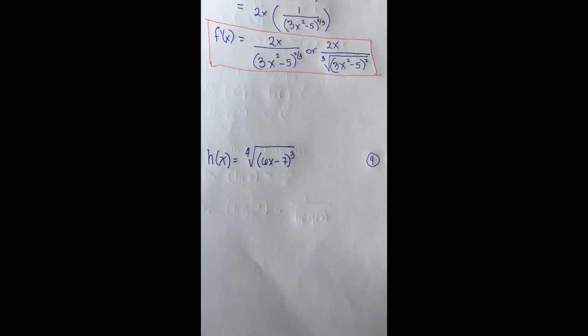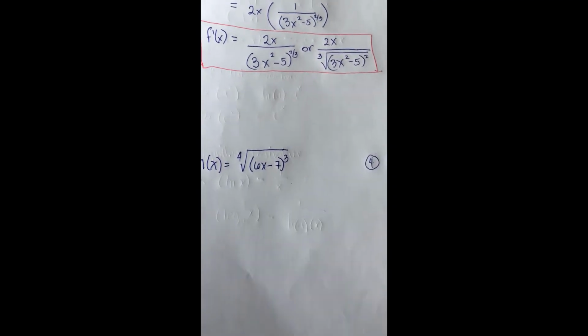Okay, so let's proceed to our third example, which is h of x is equal to the 4th root of 6x minus 7 raised to 3. Same process as earlier, it would be better if we transform the given into exponential form.